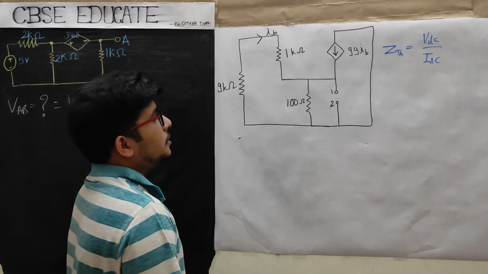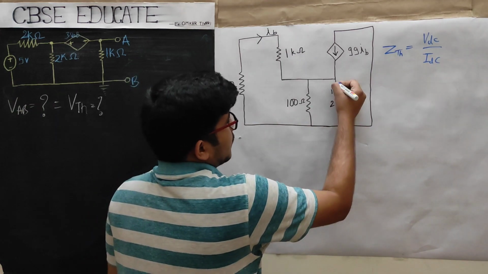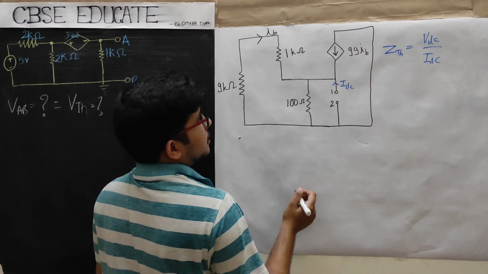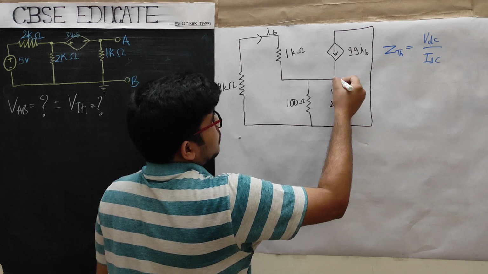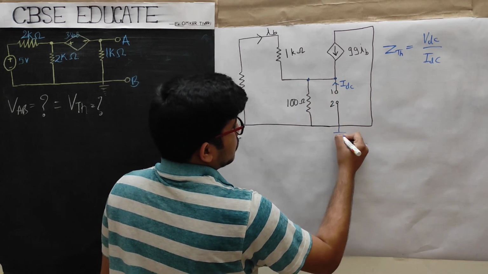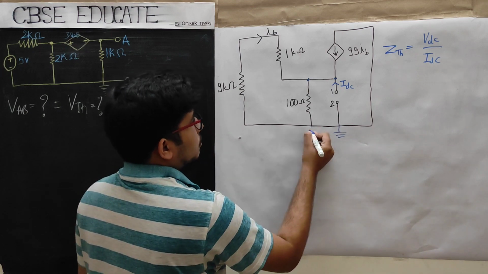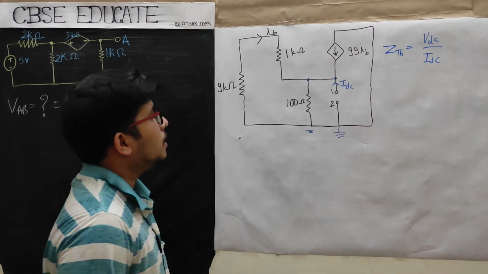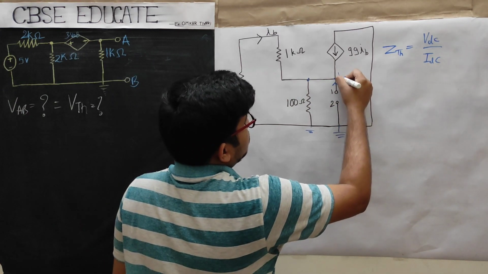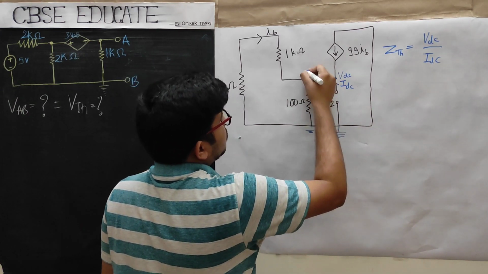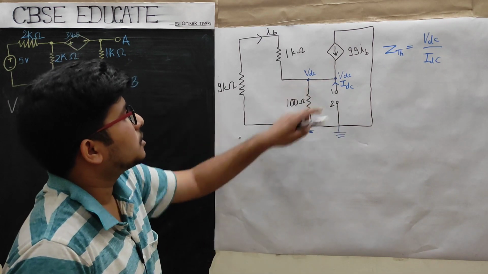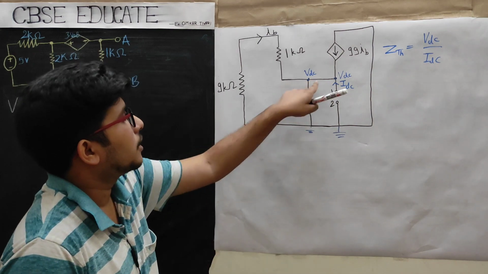Suppose the current here is IDC, and suppose there are 2 nodes, and this is ground. So this will also be ground. Now this is IDC. Suppose the voltage at this point is VDC. So the voltage at this node will also be VDC, because there is no resistive load across these points.